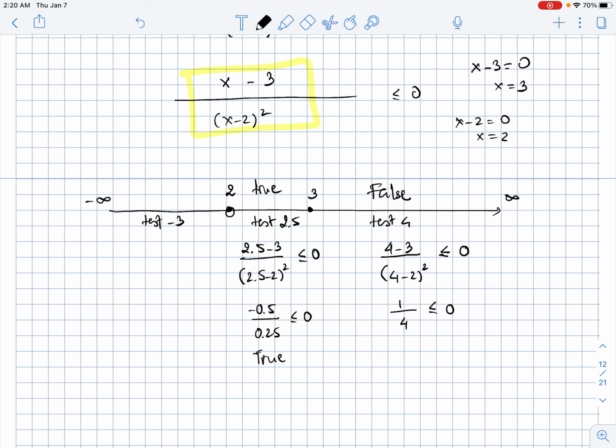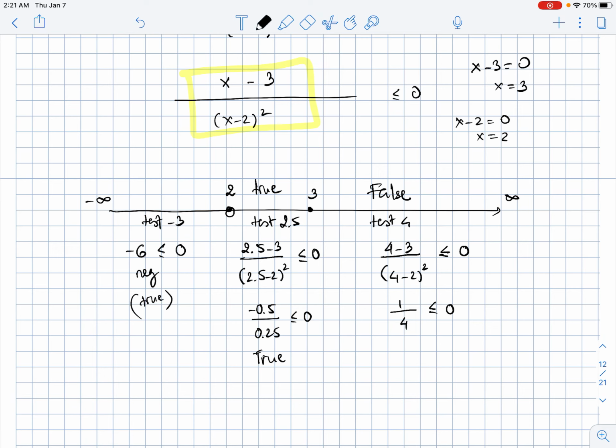And then when you check negative 3, you get negative 6, less than or equal to 0. That is a negative number, and this is a true statement.